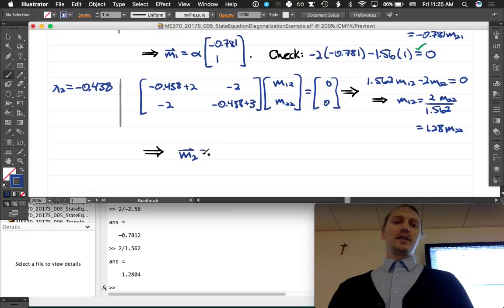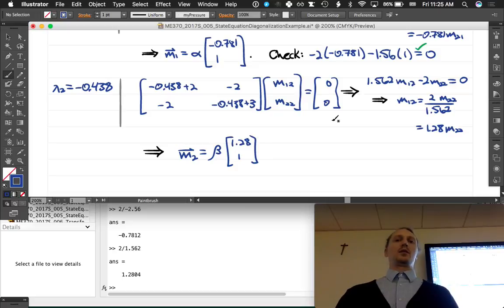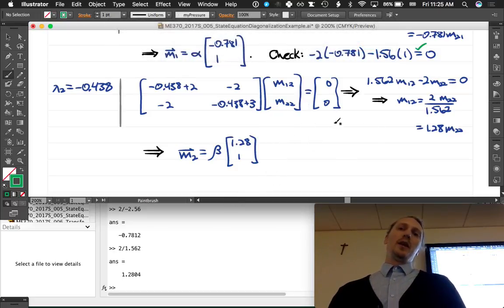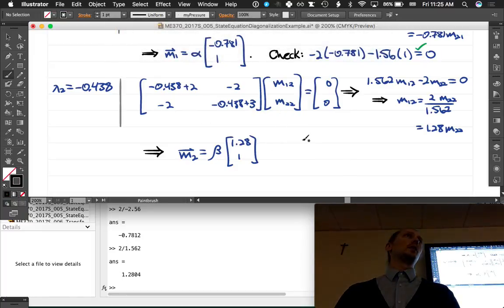And we know we can scale it by anything, so I'll put a beta in there. You can scale it by anything you want. But we will choose m22 to be 1, again, because it's easier, which means that the m12 has to be 1.28. Voila. And we could check, but I'll leave the check for you guys to do. It should also work on this other equation.